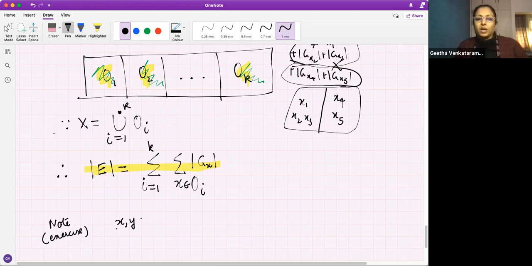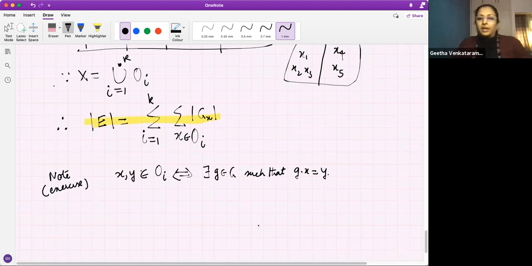Now, what I wanted to say is that if you take x and y both belonging to the same orbit, remember this orbit was an equivalence class, this will happen if and only if there exists a g in G such that g dot x equals y. And what you can show is that Gx and Gy will be conjugates.